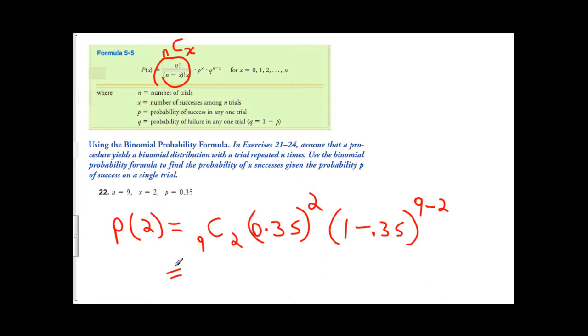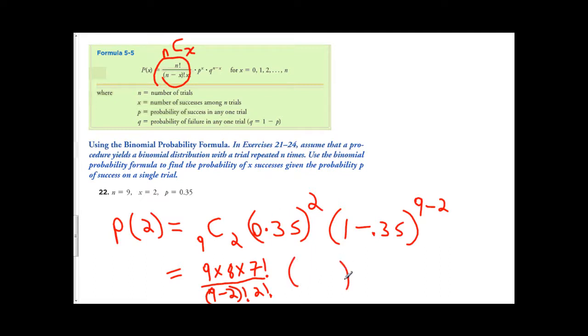We have first 9 choose 2. 9 choose 2 is 9 times 8 times 7 factorial. And in the denominator, I have 9 minus 2 factorial, 7 factorial, times 2 factorial. So this is going to be multiplied by 0.35 squared.